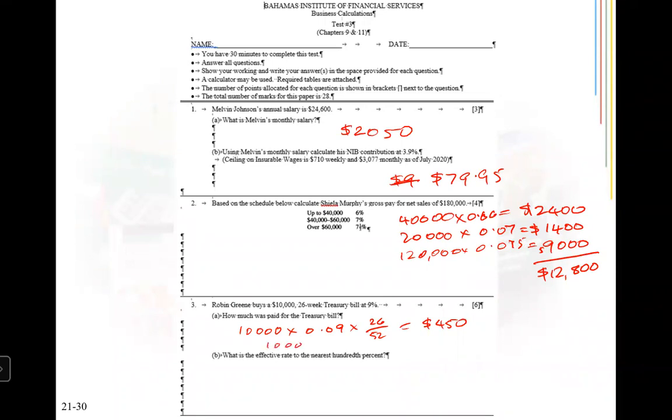So 10,000 minus 450 gives you $9,550. And then to work out your effective rate, you're going to put the 450, which is your interest, over your actual amount, your proceeds, 9,550 times the 26 over 52, which works out to 9.42%.